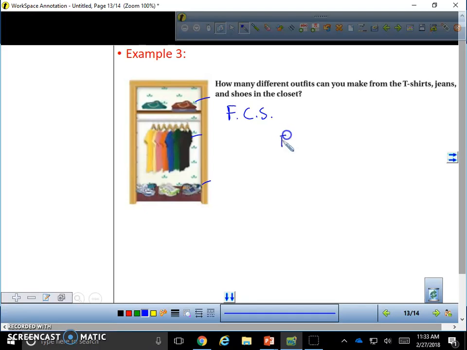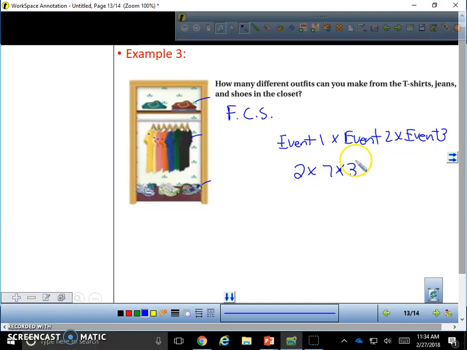So event 1 times event 2 times event 3 is how we find the total. Event 1 has 2 options, times event 2 has 1, 2, 3, 4, 5, 6, 7 options, and event 3 has 1, 2, 3 options.